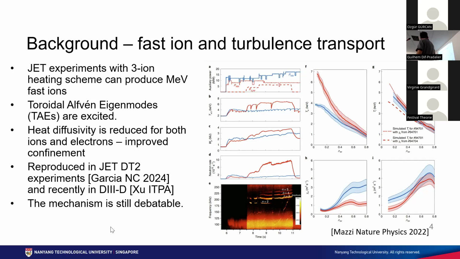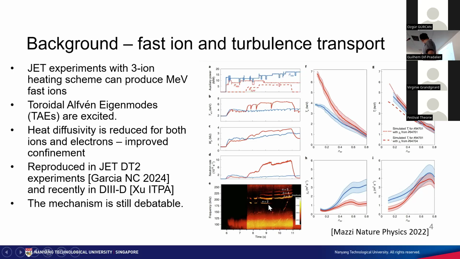And then what happened is that by comparing a shot without this alpha negative mode and a shot with this alpha negative mode, people have shown that the temperature has increased when you have the alpha negative mode compared to when you do not have it. And also the diffusivity is way lower in this case.